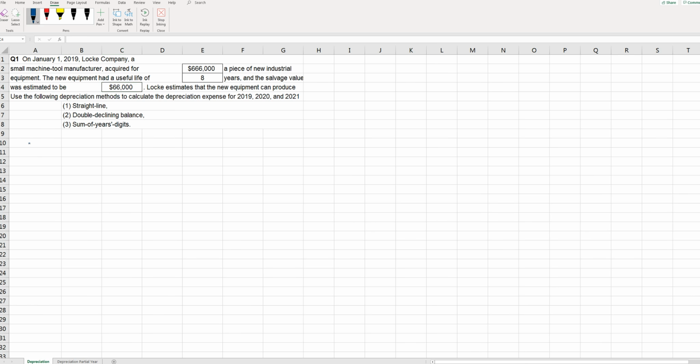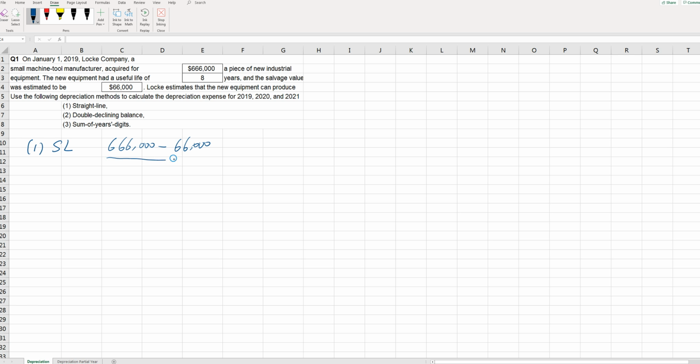So let's start with the straight line method first. Basically, we're going to find out the depreciation base, which is the cost less the salvage value.